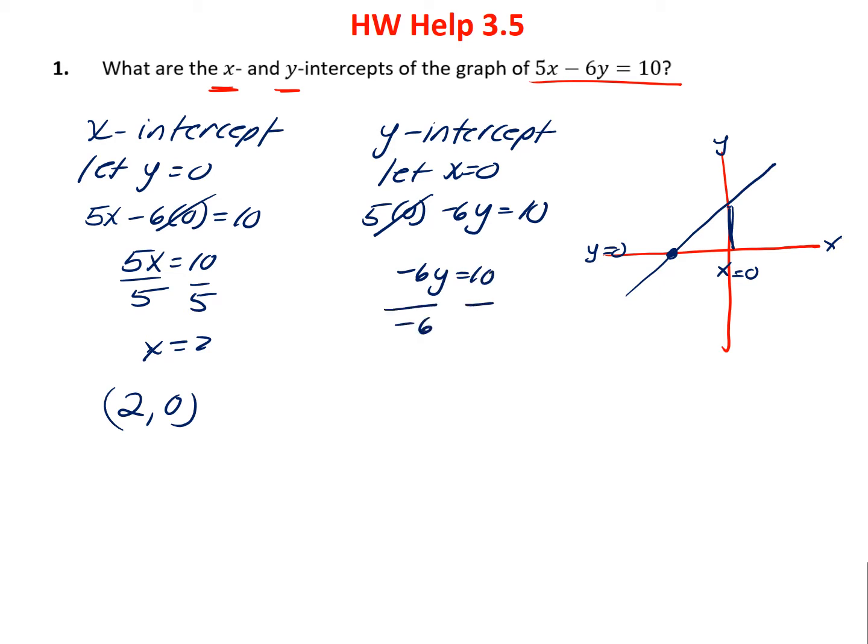Divide by minus 6, and we have y equals minus 10 over 6. Or I could simplify that and say that's minus 5 over 3. So my point is x is 0 and y is minus 5 over 3. And that's our answer.